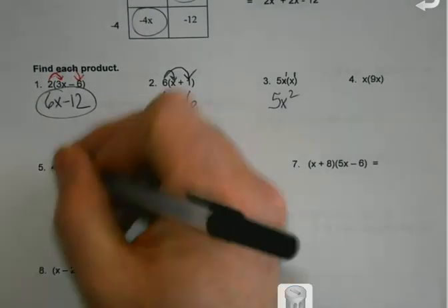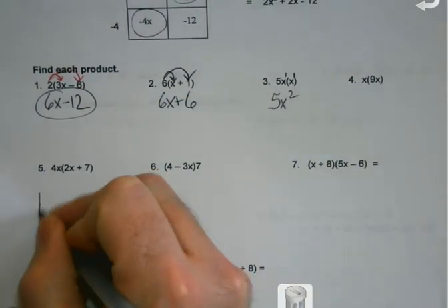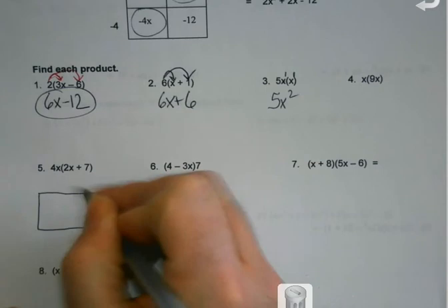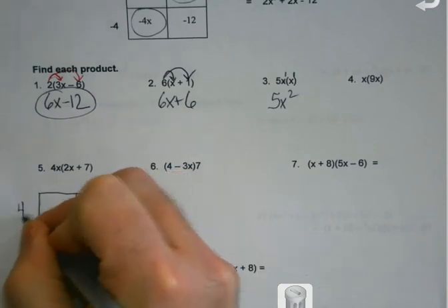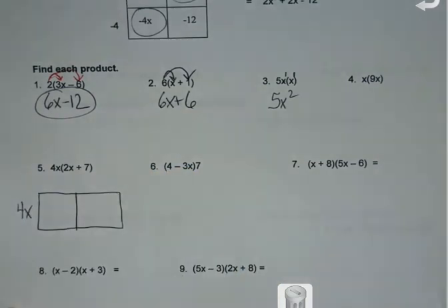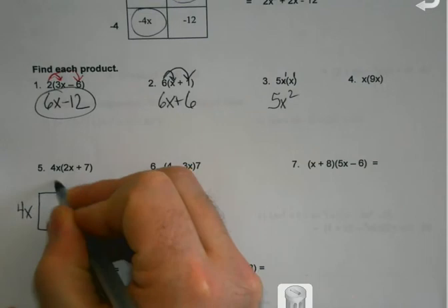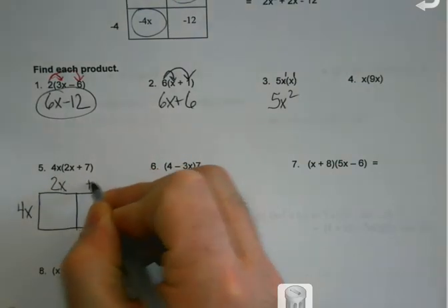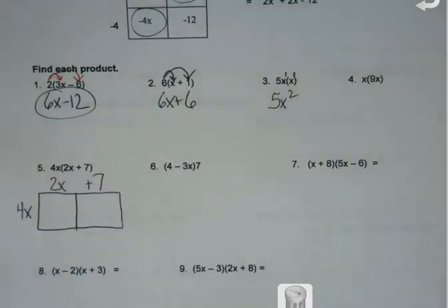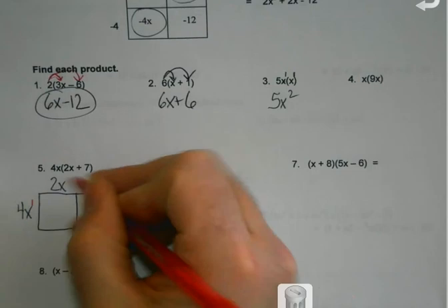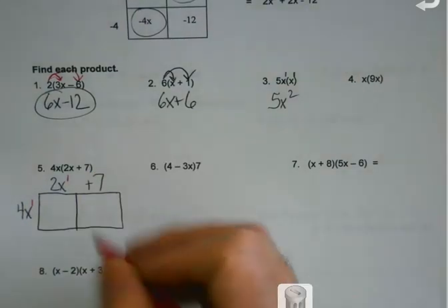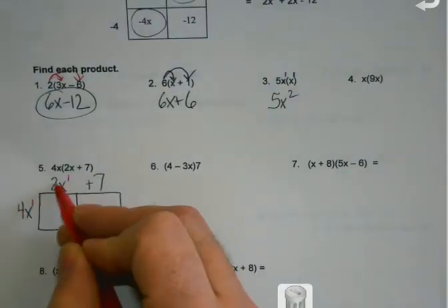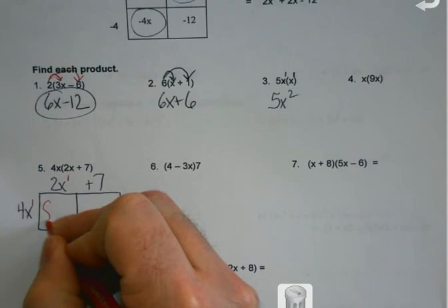The other thing, again, I'm going to go box on this one. I keep talking about using the box and then I'm not doing it. So I would just write whatever's on the outside, I'd leave there. And whatever's in the parentheses, I'd just write across the top. And then I'm still going to distribute. I'm just letting the box make sure I do everything. 4 times 2, I'm still multiplying the numbers in front.